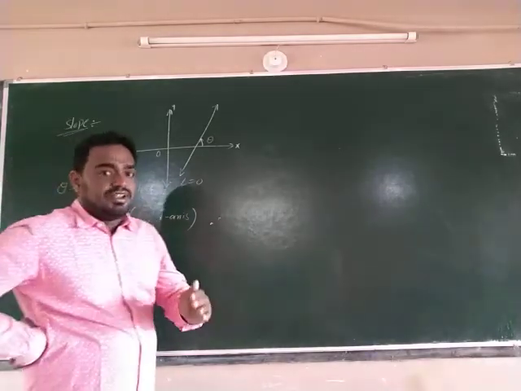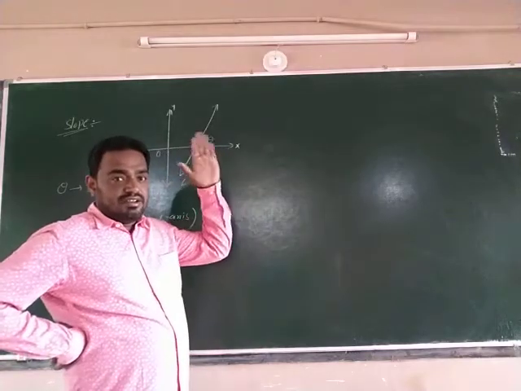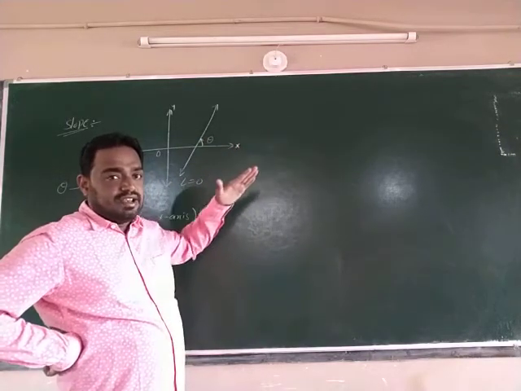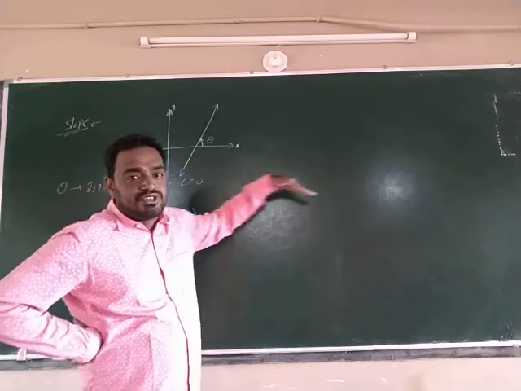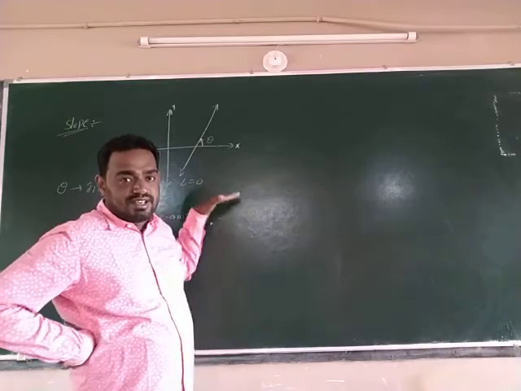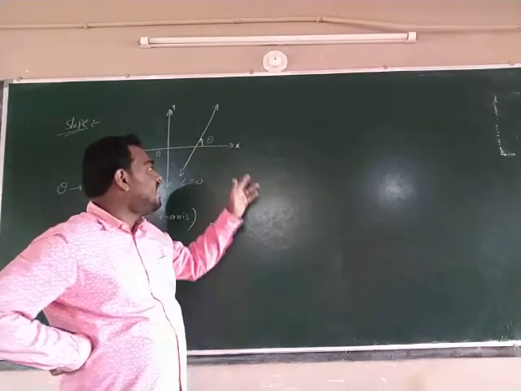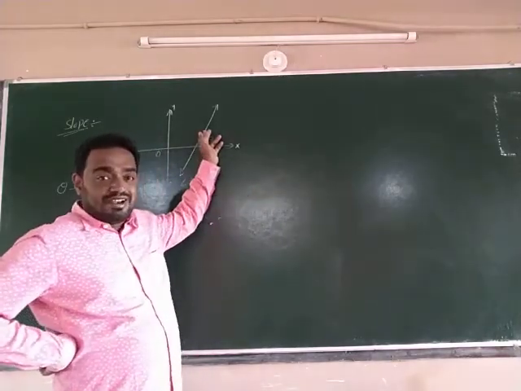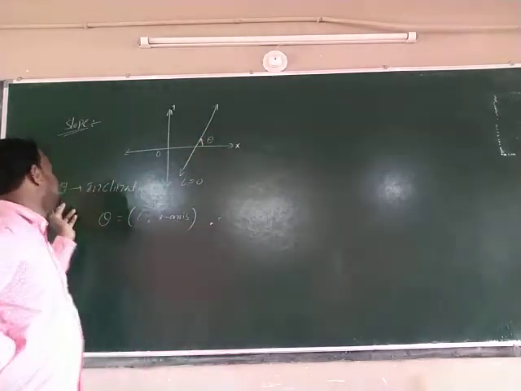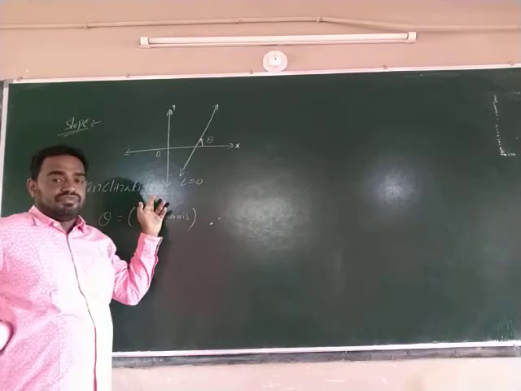A non-vertical line makes an angle theta with the positive x-axis, measured in the anticlockwise direction. Then theta is called inclination.